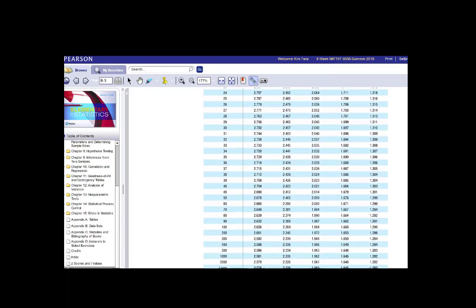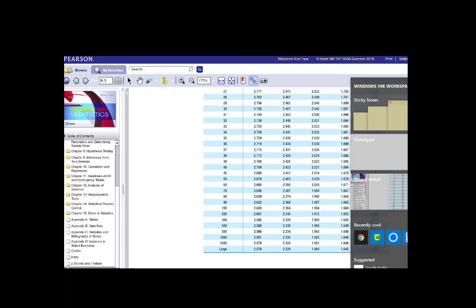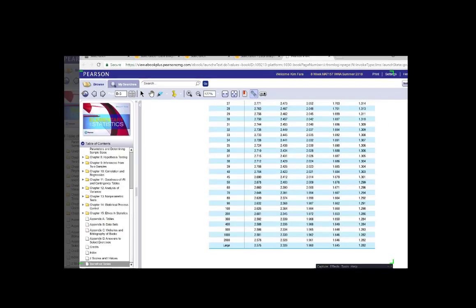So I'm going to go to the middle column, 200. So my critical value is 1.927. So my critical T equals 1.927.